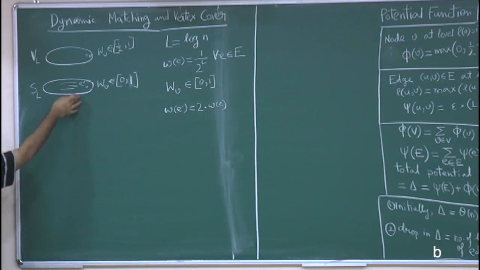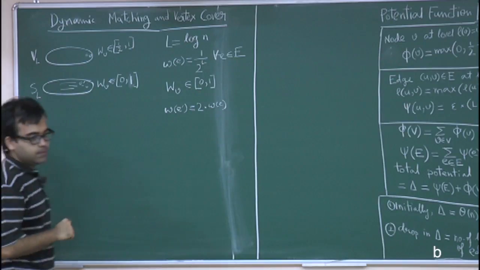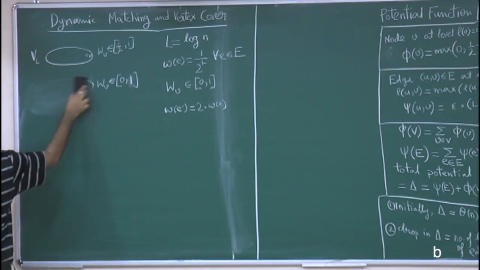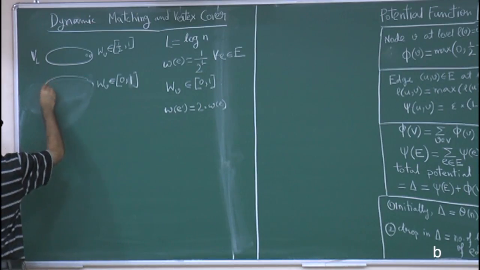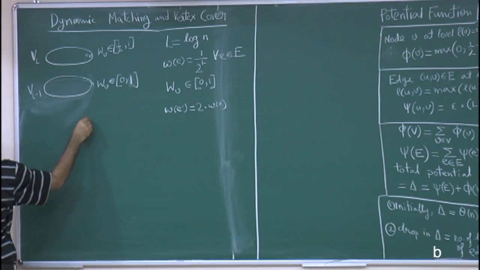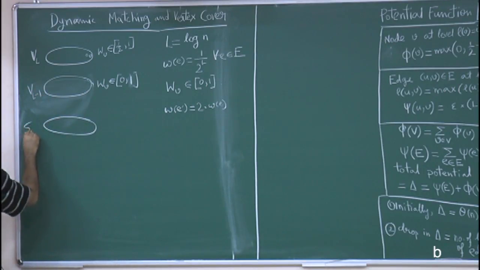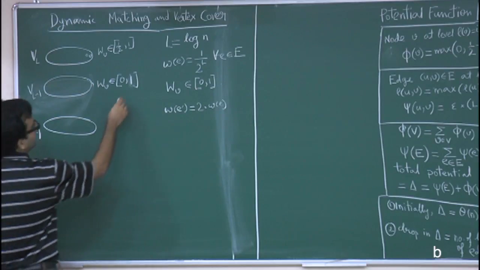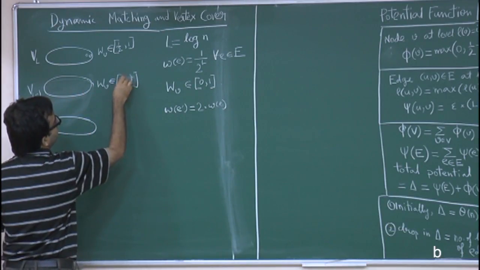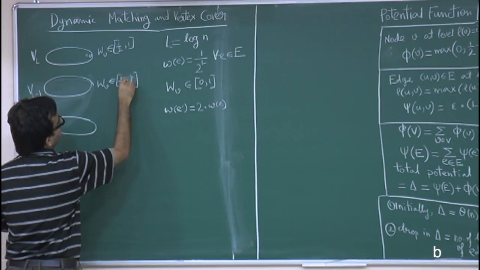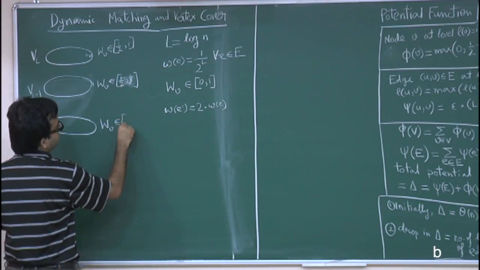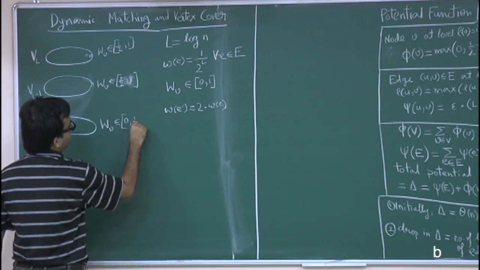And again you will partition this SL into two sets. Let us call them VL minus 1 and SL minus 1. The nodes in VL minus 1 will be the ones whose weights are approximately tight, so their weights are between half and 1, and the nodes in SL minus 1 will have weights between 0 and half.